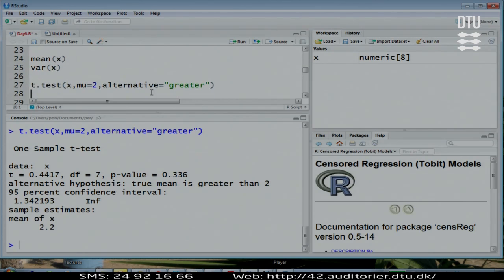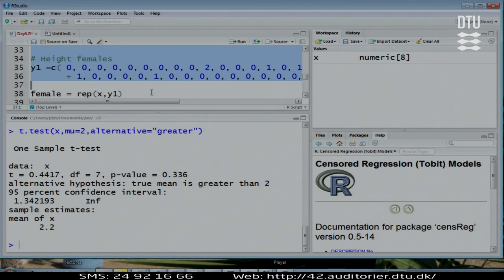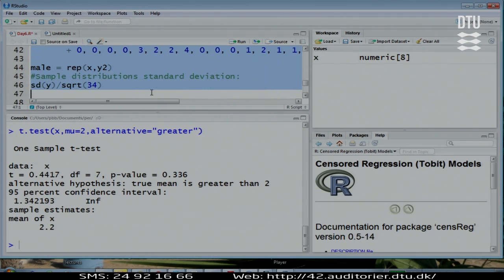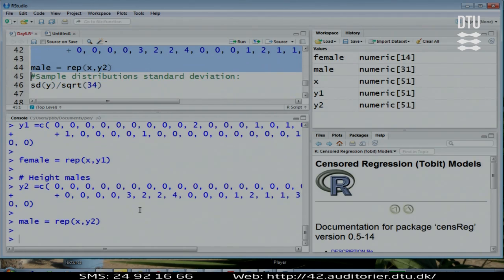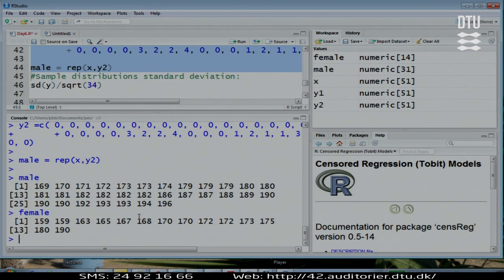Let's try to do it. Let's look at some data. We have some male heights and we have some female heights.